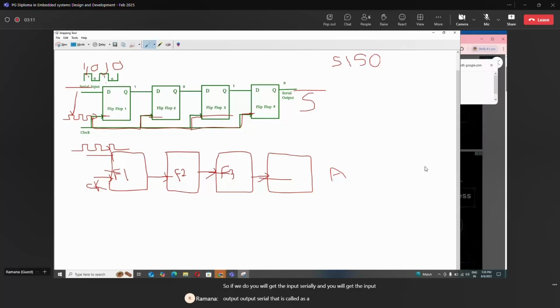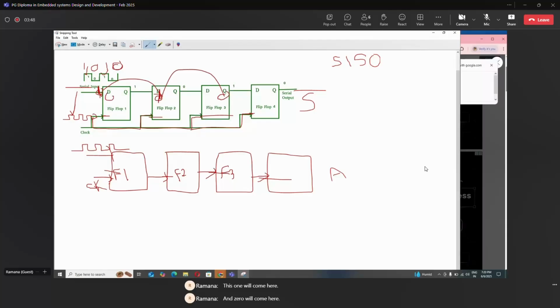So on the first clock pulse, the zero will come here. On the second clock pulse, the zero will come here and this one will come here. On the third clock pulse, zero will come here, this one will come here, and zero will come here.